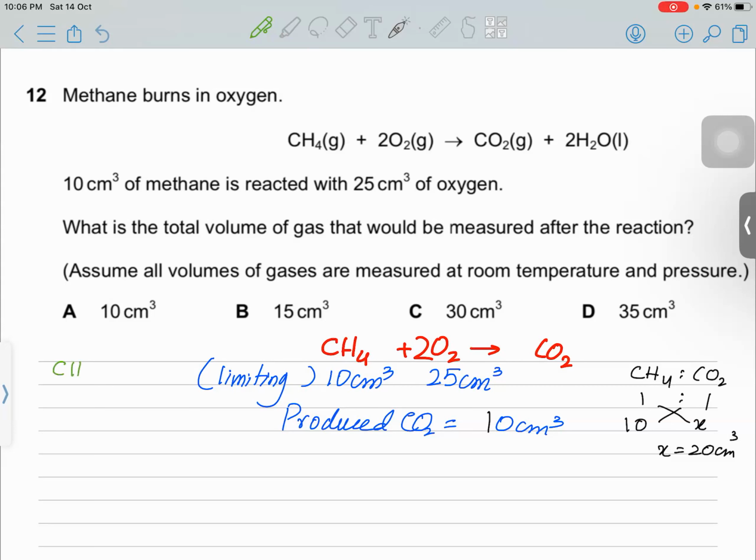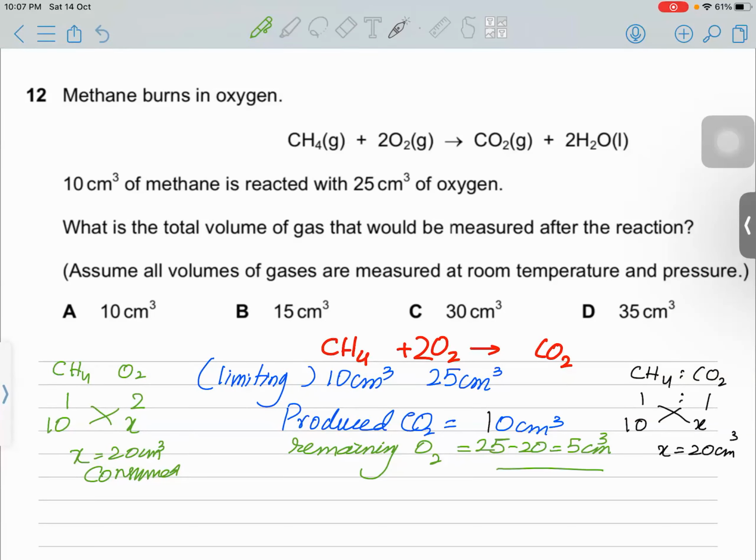Now CH4 and O2, the ratio is 1:2, so we get 20 cm cube consumed. So 5 is left. Remaining O2 is 5 cm cube. 25 minus 20 is equal to 5 cm cube.